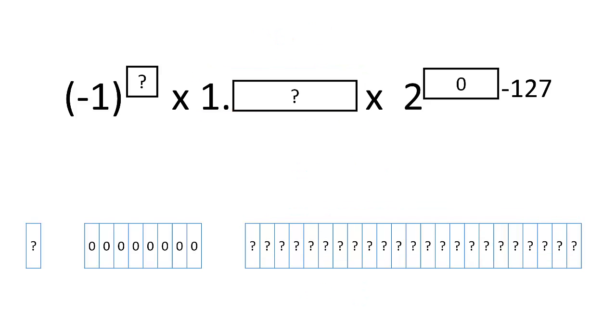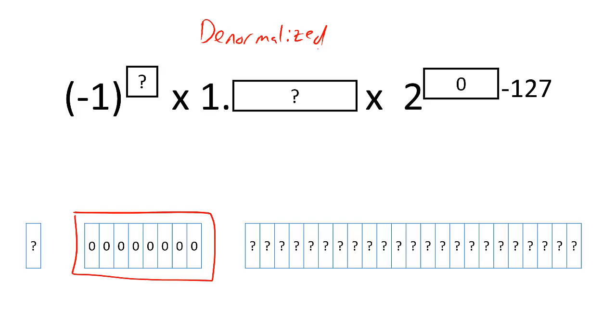Let's take a step back and look at those exceptions that we discussed earlier. When the exponent has all zeros, the number is denormalized. We assume that there is a 0 in front of the binary point, and we interpret the exponent to be negative 126 rather than negative 127 to maintain continuity with the normalized representation.